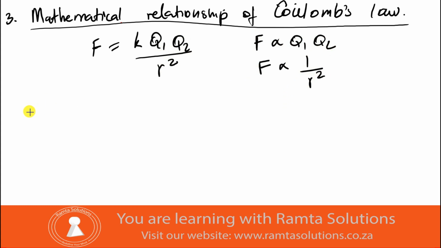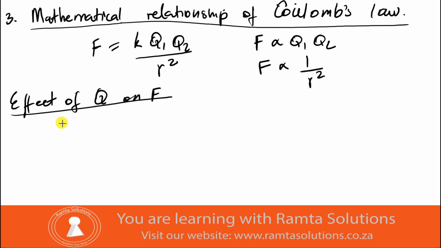So now, let's look at the effect of Q on F. Here we're saying if everything else is constant, in other words, if the square of the distance between the two charges is constant, what will you have?